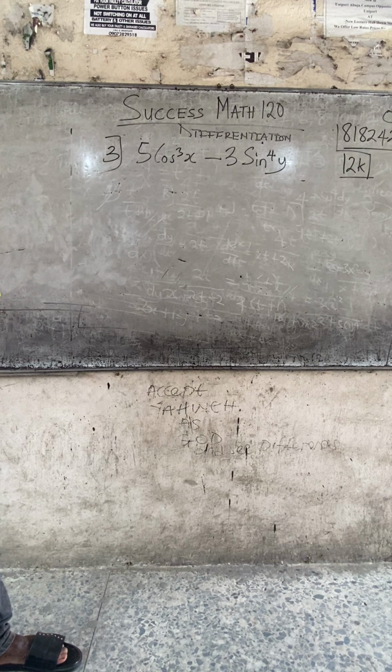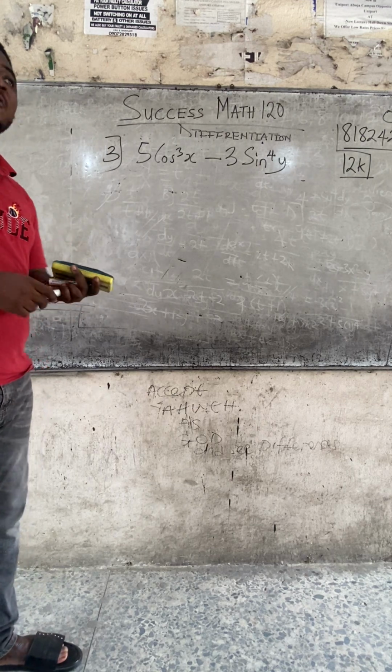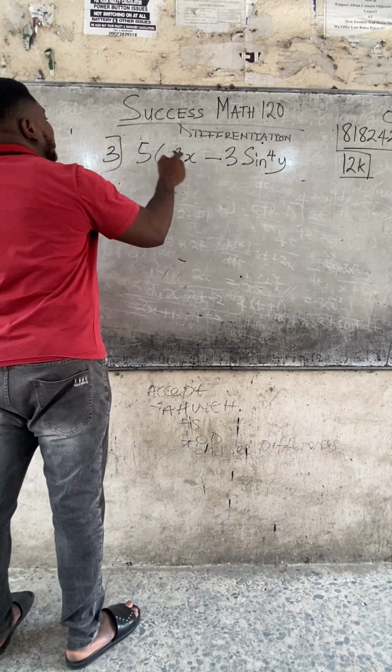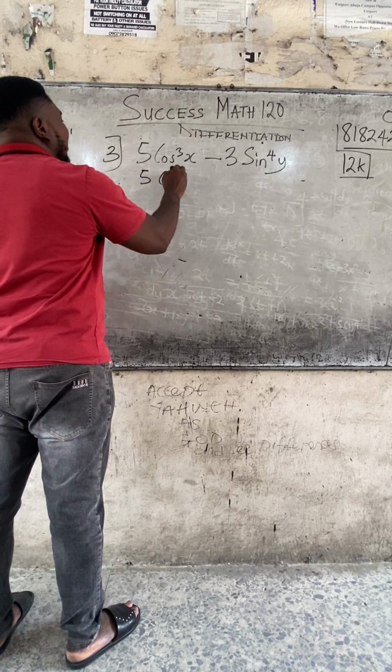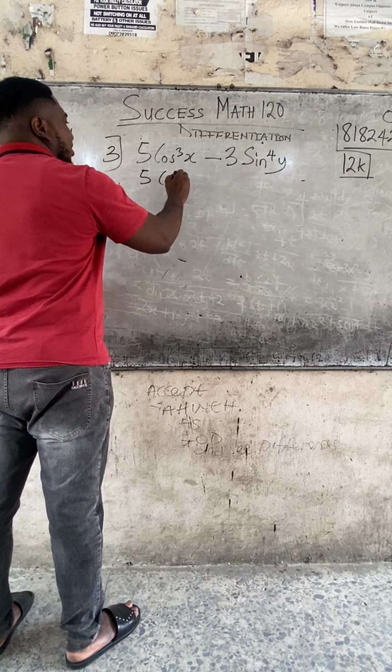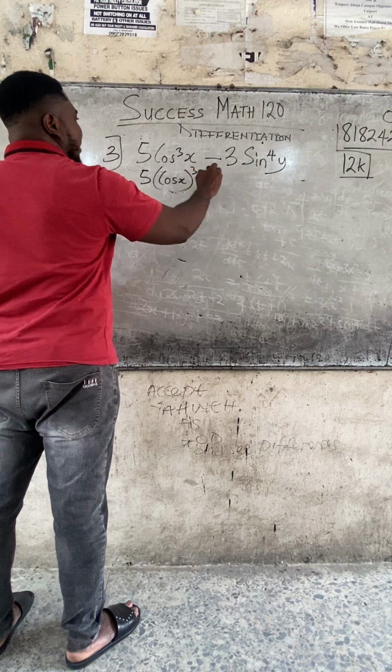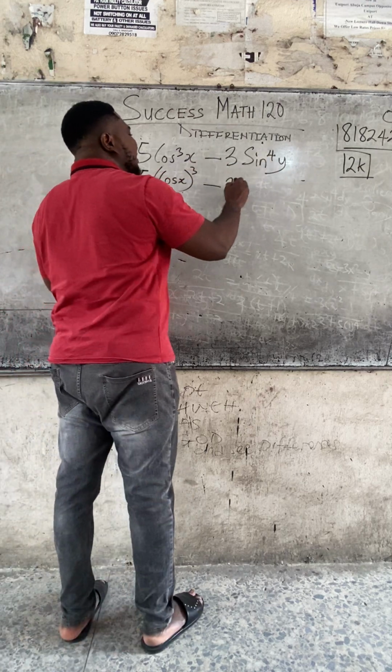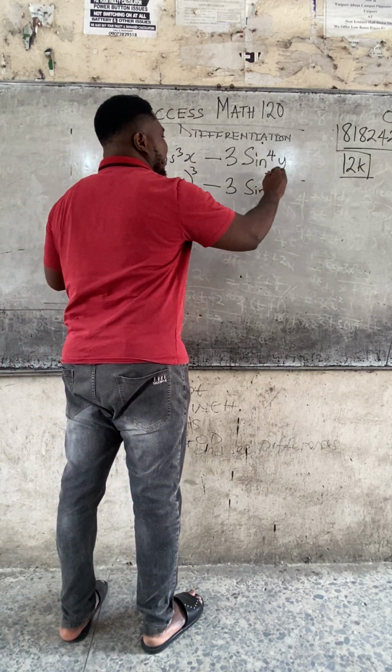Class, cos cube x means cos x all raised to power 3. And sine raised to power 4y means sine y all raised to power 4.